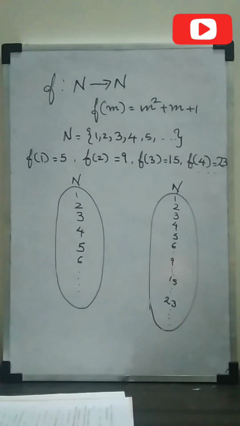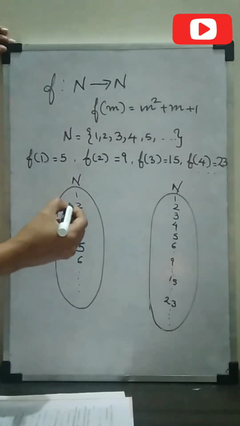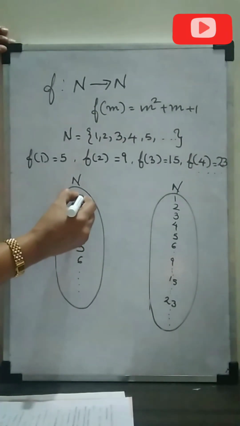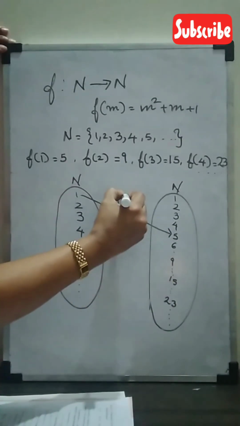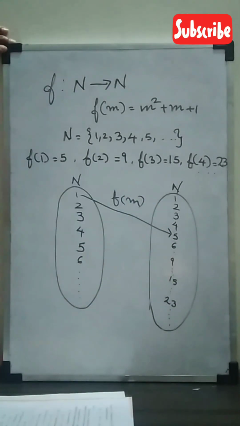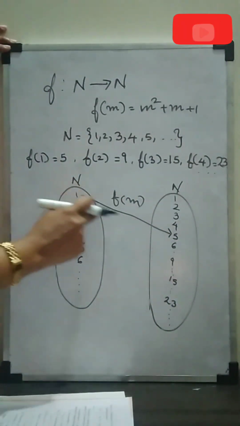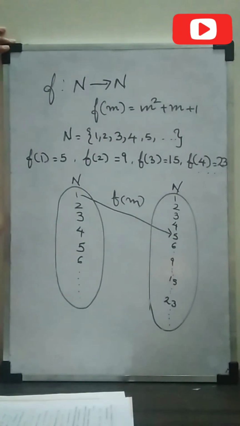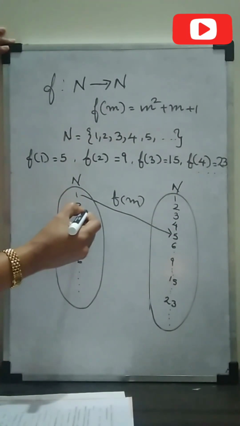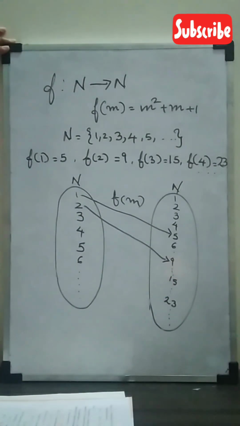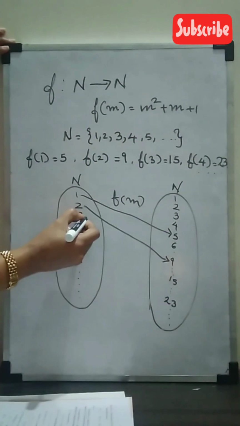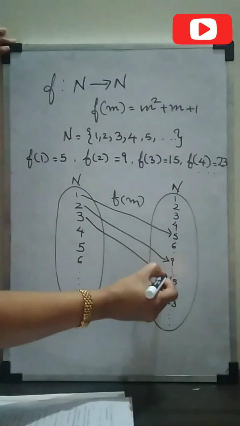So now when m is 1, what is f of m? f of m is 5. Okay, when m is 1, f of m is 5. When m is 2, f of m is 9. Okay, now when m is 3, f of m is 15.